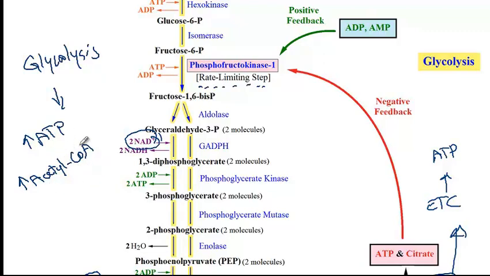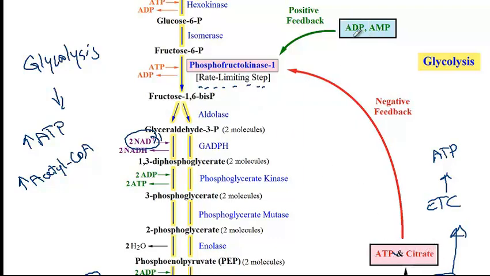So therefore, if we have a high level of ATP or a high level of citrate, it means that we've already got enough energy going on. There is no point for glycolysis to keep going. And so that's why these two molecules, ATP and citrate, have a negative influence on phosphofructokinase. They would downregulate it, so the glycolysis rate will slow down. So we don't get as much ATP and citrate anymore.